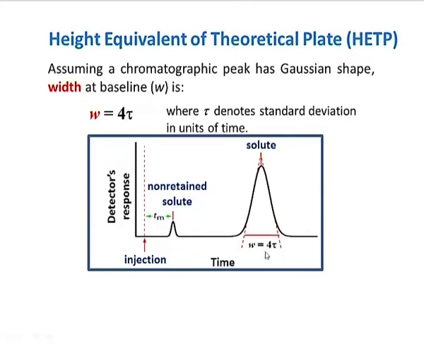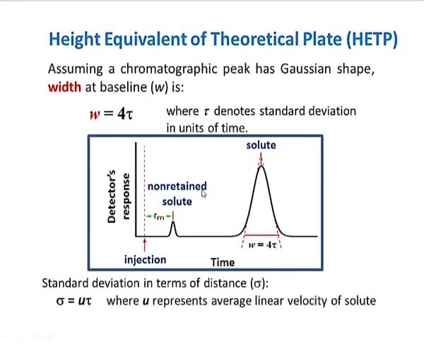W equals 4 tau. This standard deviation tau is in the units of time. It is important for us to know because, as I have told you, this chromatogram can take the form of a function of length or a function of time. So, we are not talking about distance, we are expressing the standard deviation in terms of time.